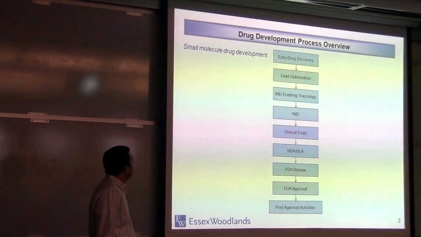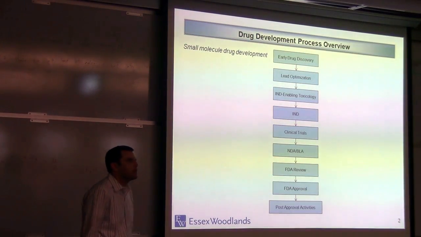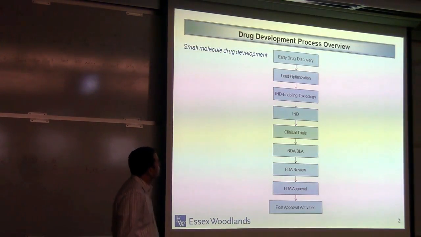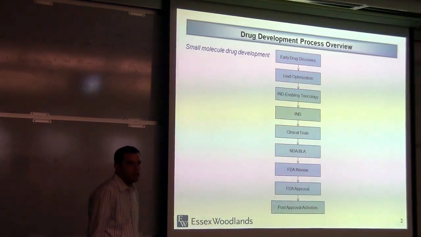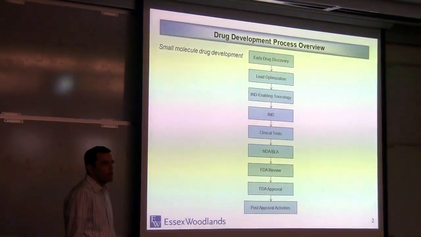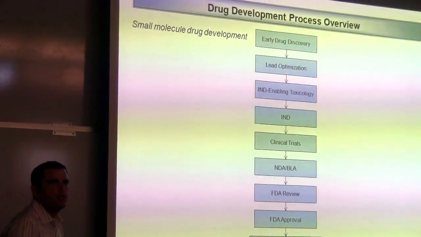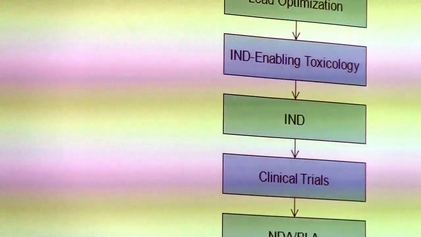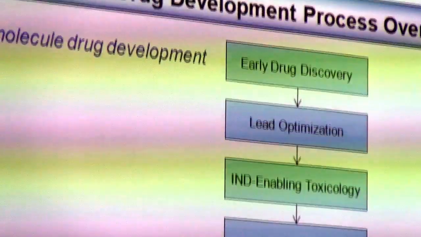So in terms of the drug development process at a really high level, you'll start with your early drug discovery work. Once you start getting some leads out of that, then you have a process called lead optimization, and that's where you've got an interesting compound, and now you're going to optimize that compound and try to get to a real drug candidate.